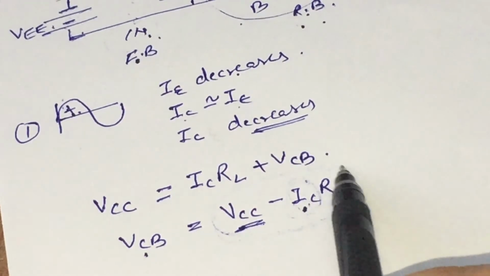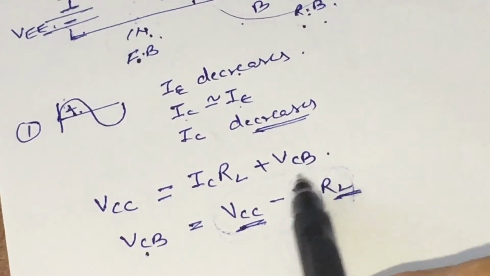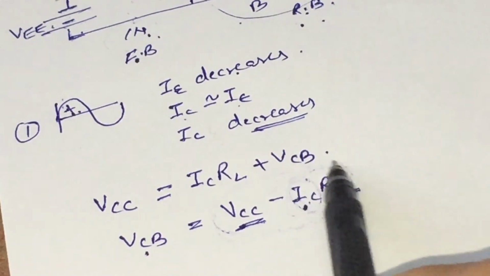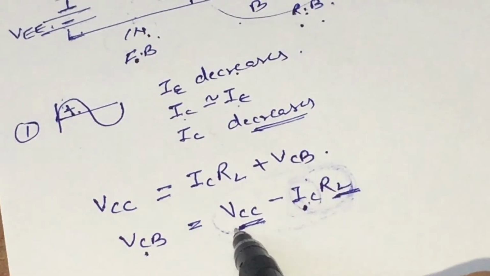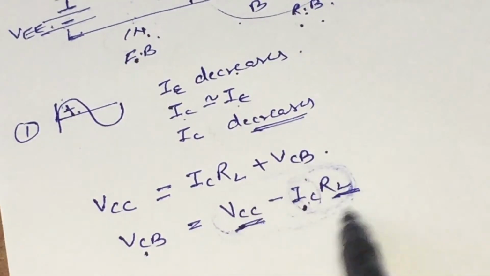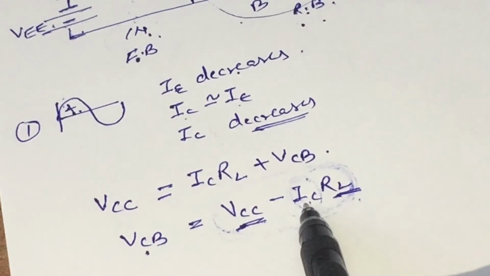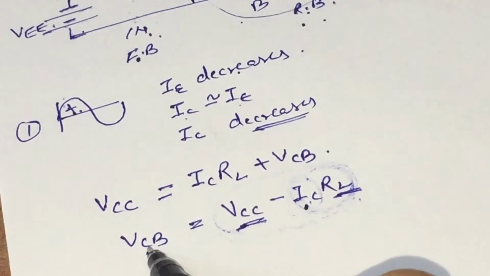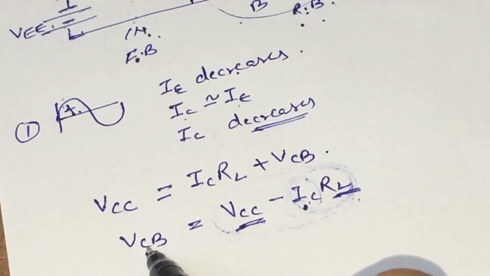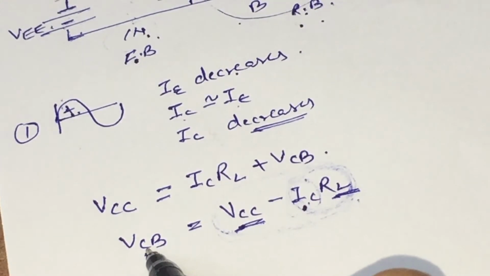Increase in IC will increase the value of ICRL. If ICRL increases, VCB will decrease. It means increase in IC will make decrease in VCB, or it means we will get a negative voltage.